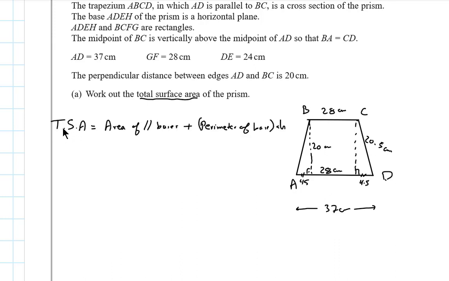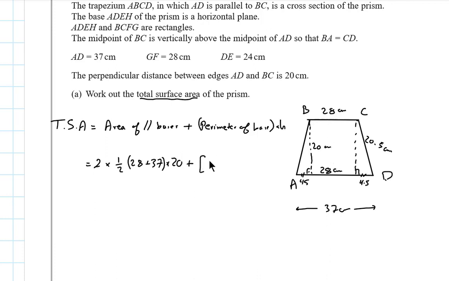So to get the total surface area, we will divide it into two parts: the area of parallel bases plus perimeter of base times height. The area of parallel bases we have here 2 times half times 28 plus 37 times the height, which is 20 here. This is the height of the trapezium. Plus, what is the perimeter of base?